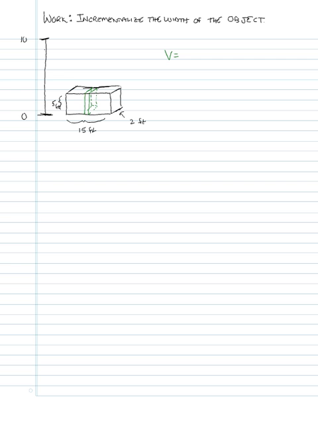We have this little narrow dimension that is measured horizontally, like we measure x's, so I'm going to call that dimension dx. And of course, we've got a dimension of 5 feet and a dimension of 2 feet. So the volume of that slice is 5 feet by 2 feet by dx feet, and of course, that's 10 dx.